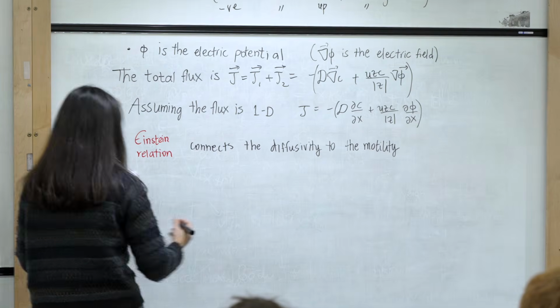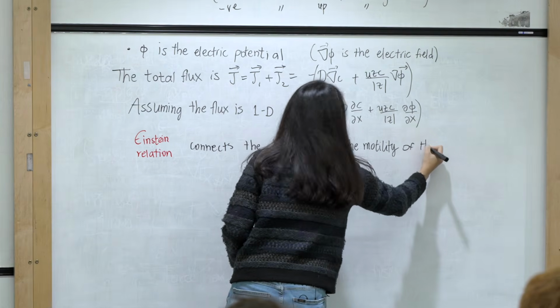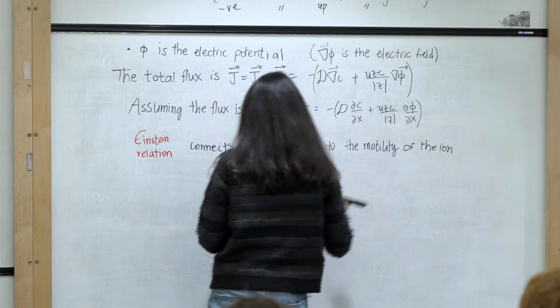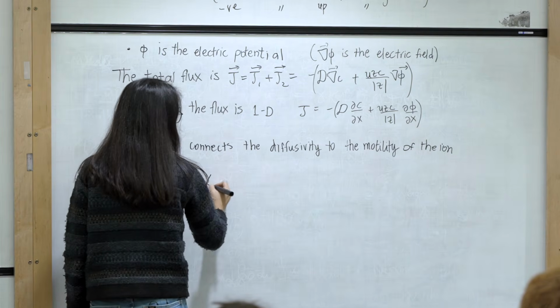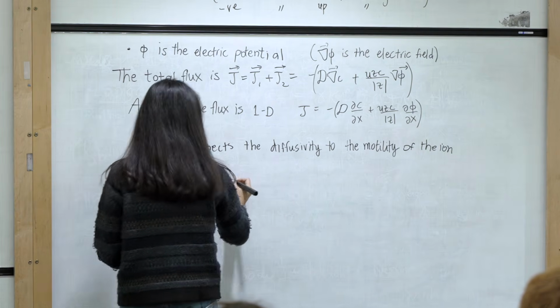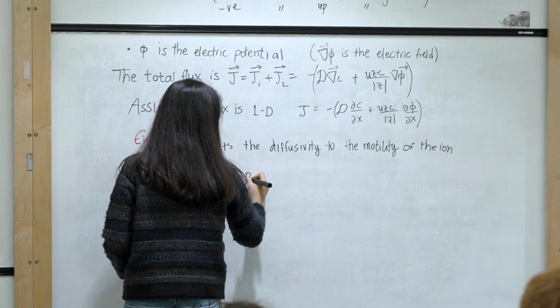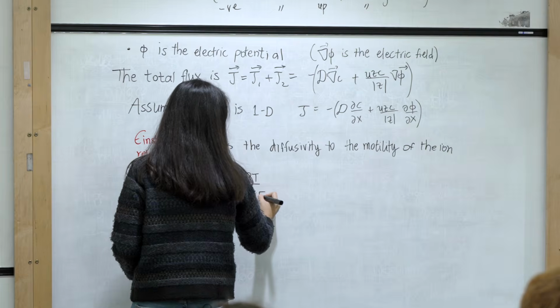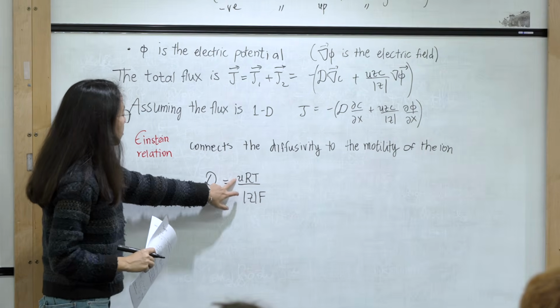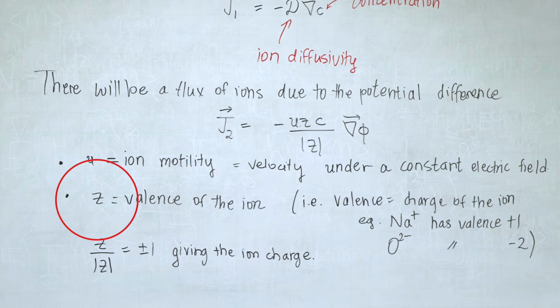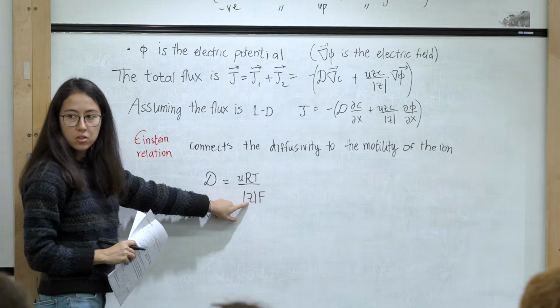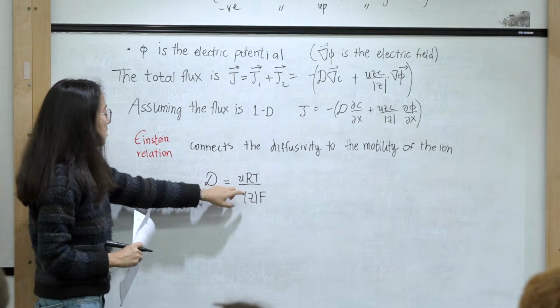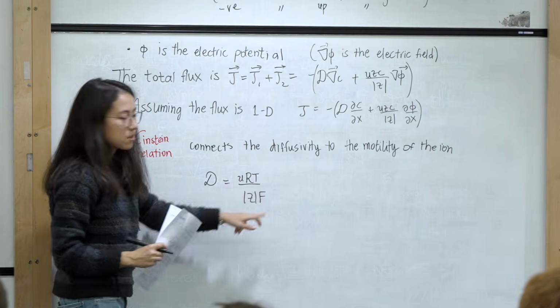So the specific form of this D constant is going to be U RT divided by Z F. So U and Z are the things I have already defined: U is the motility of the ion, and Z is related to the valence. And these R, T and F are all constants.